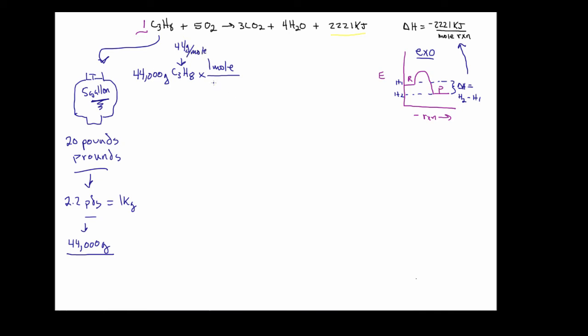So it's 44 grams of C3H8. With the unit multiplier method, it's really important to put in all the units and all the labels. This is going to equal about 1,000 moles of C3H8. Now I'm going to move that down here so we have room.